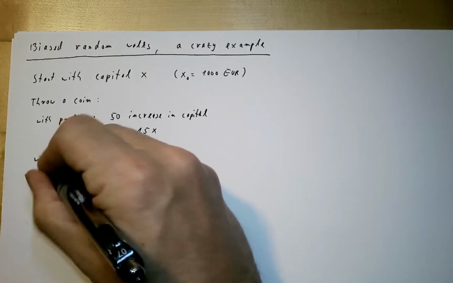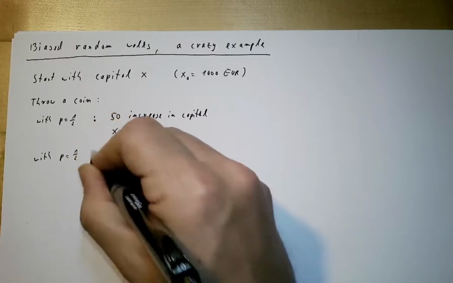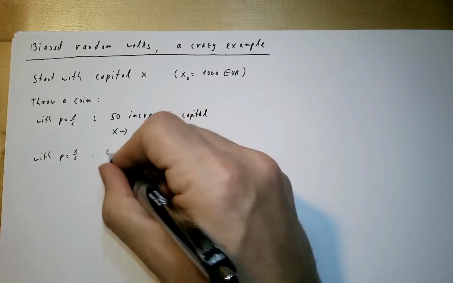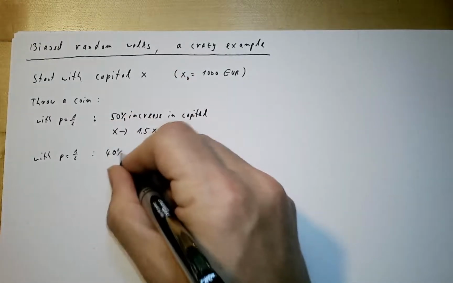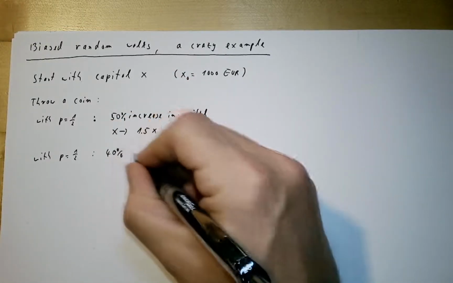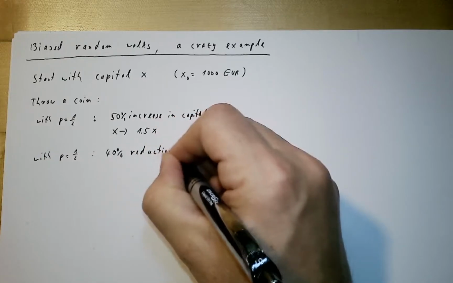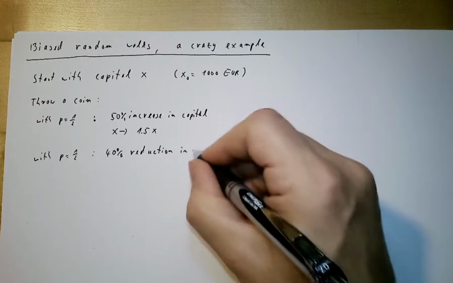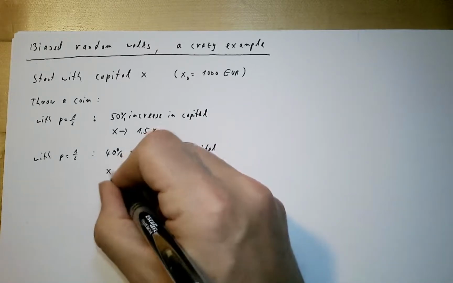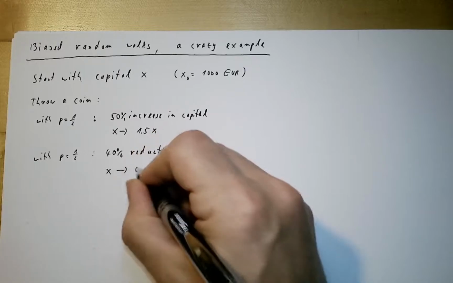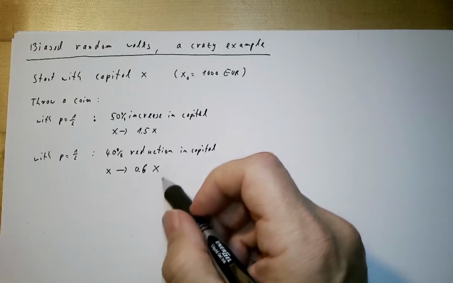And again, with 50% probability, we have a 40% reduction in the capital. This means your capital goes to 0.6 times your capital.